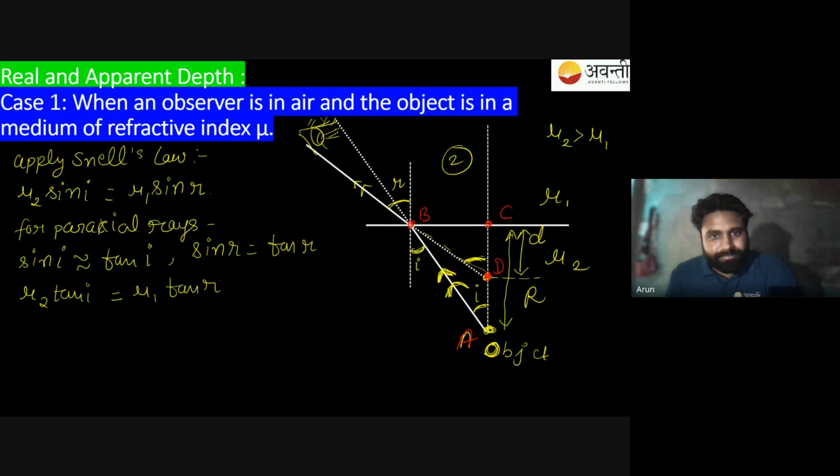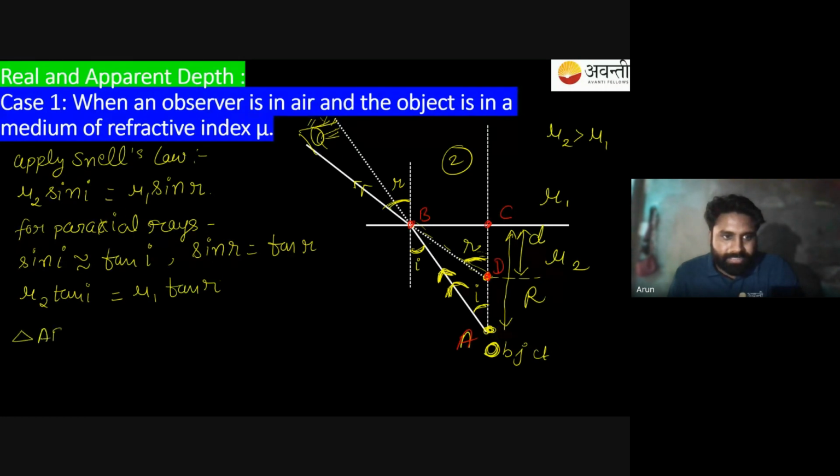This angle is I, and this angle will be R. So this angle will also R. Okay, got it? From the normal, it is the angle making this ray, and from the normal, it is also the angle making by this ray. So these rays are same, and these are normal, so angle will be same. So this is R.